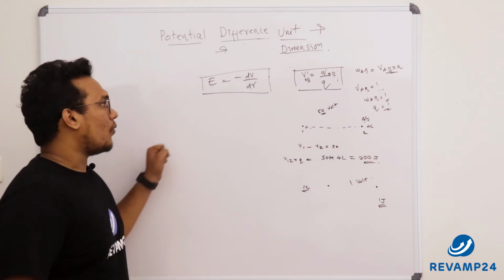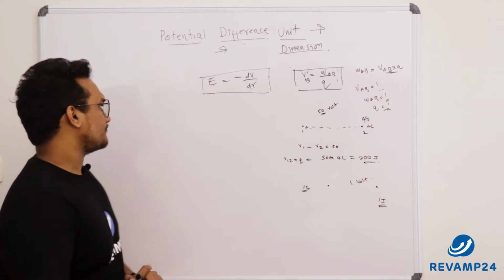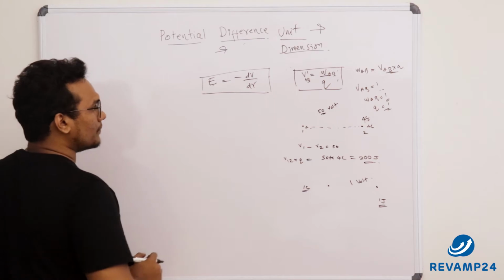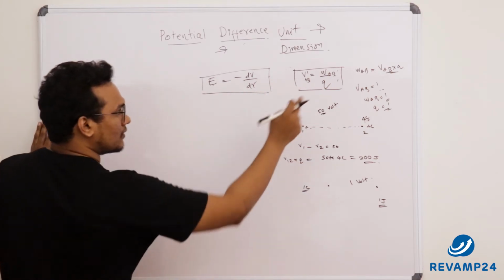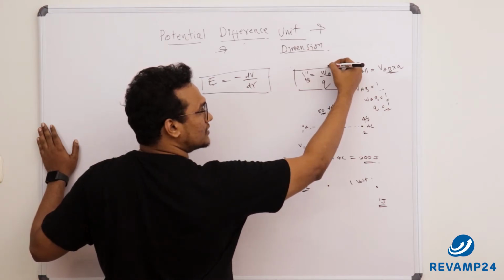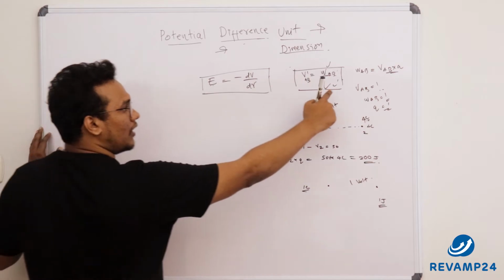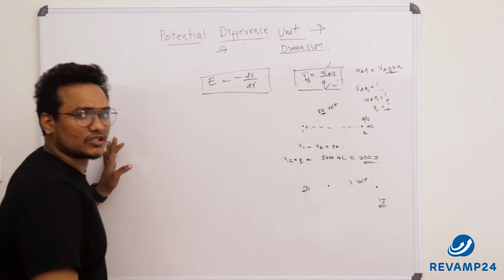Anyway, come back to this. Here we will learn the dimension and unit of E and V. We will use this equation because we are very familiar with the dimensions and units of work and coulomb. How can we get the dimension of coulomb?